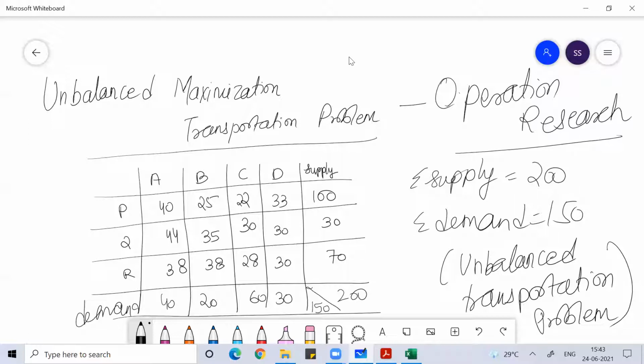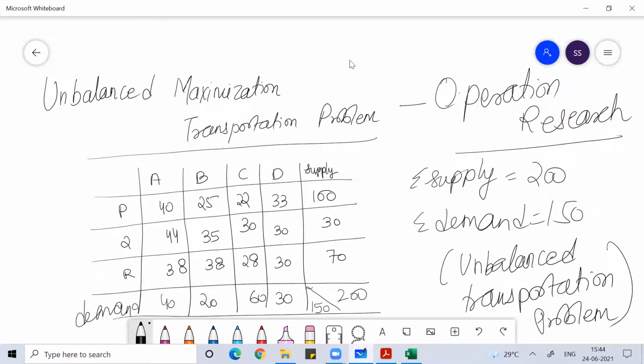Again, whenever we solve a transportation problem, the objective function should always be minimization. Here in this case, the objective function given is maximization. Yesterday I explained a case where, if your objective function is maximization in a transportation problem, you need to convert this maxima matrix into a minima matrix.